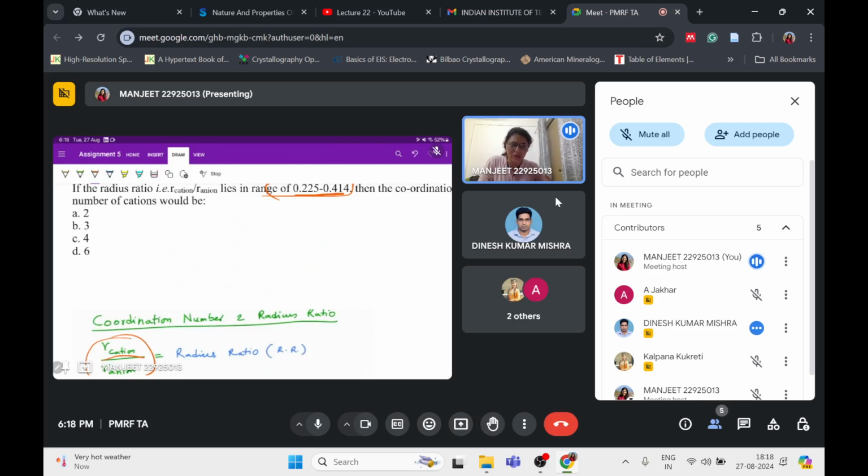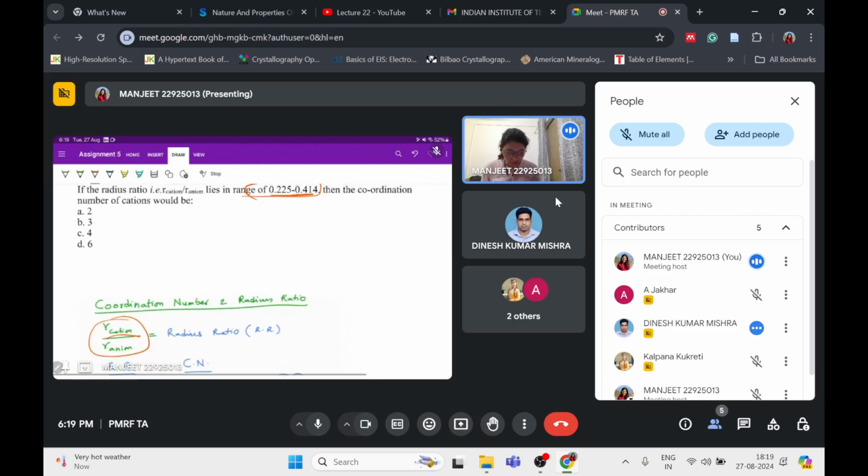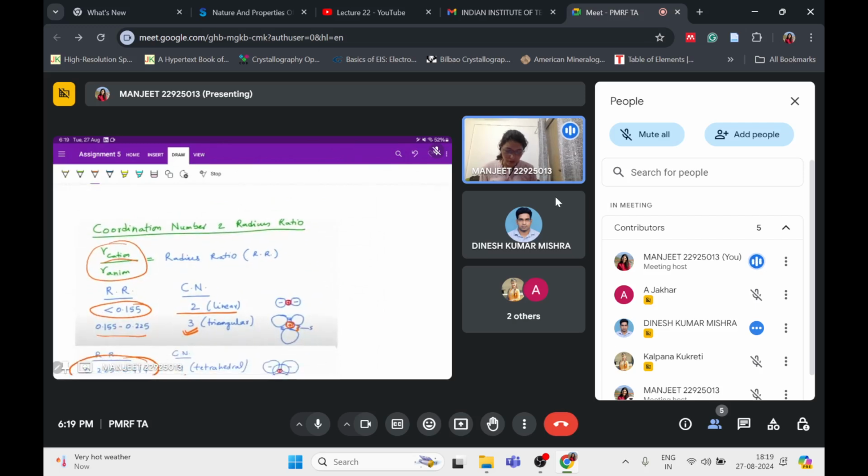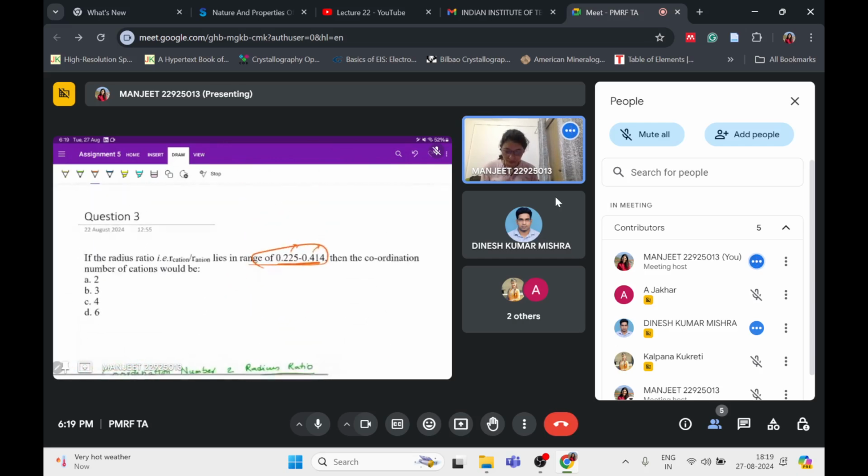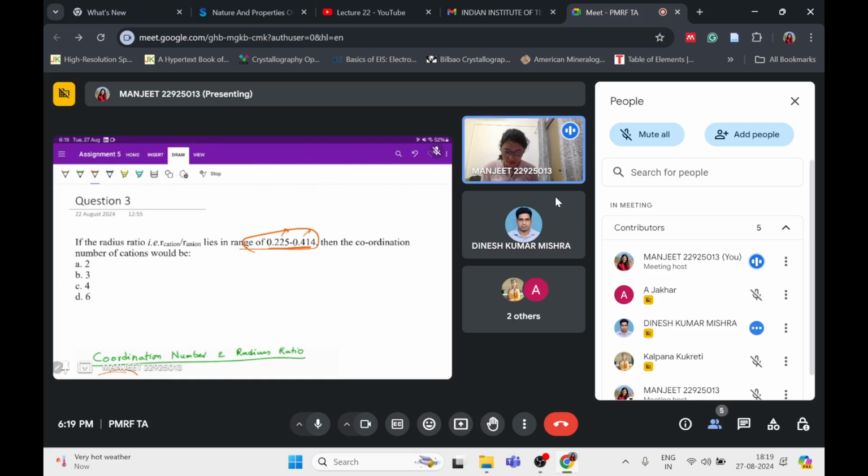With the radius ratio, we can predict accurately for some crystals, but for some of them it does not, as the professor has also taught in the classroom. For most crystal lattices, it gives the correct prediction for the coordination number. So remember the radius ratio and the corresponding coordination number. This is all about question number 3.